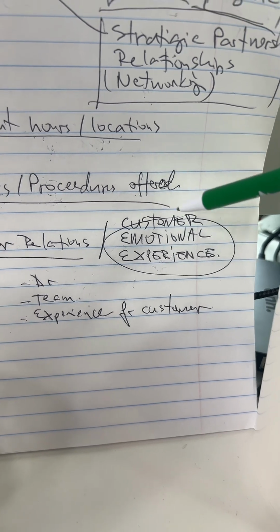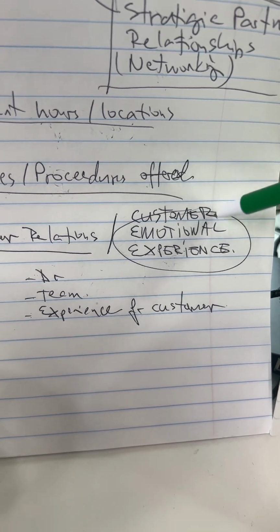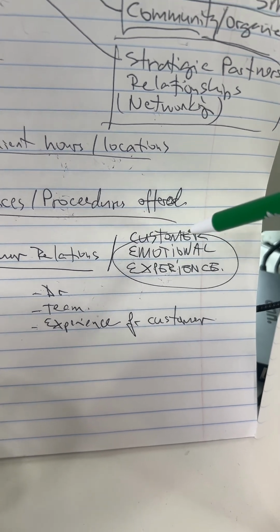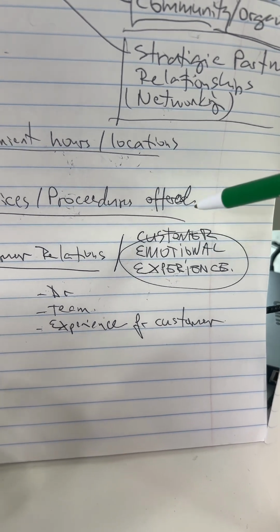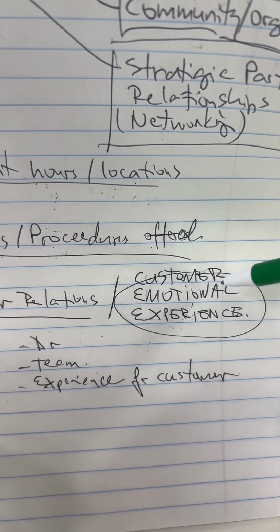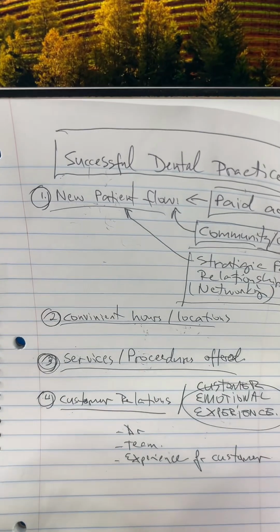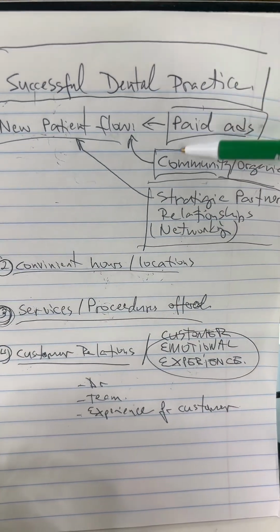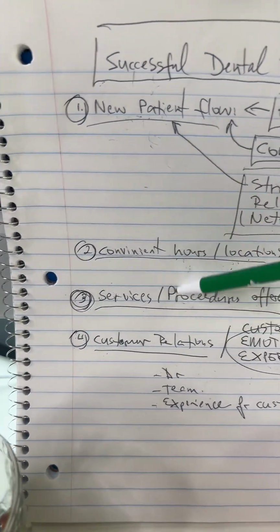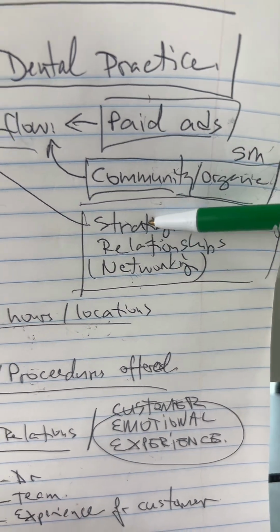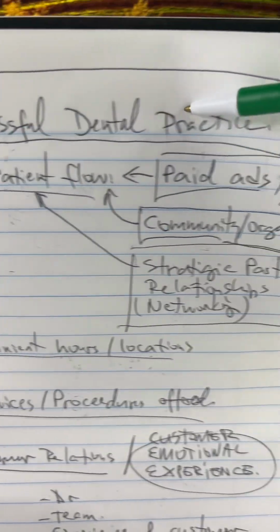And once your patients have a good experience in your practice, it's important to also ask for referrals, as well as ask for Google reviews, because patients like to see other patients having a good experience, and people do read those reviews. So if you want to build a very successful dental practice, I recommend working on these four main categories. And then for the new patient flow, I recommend you work on these three main categories, and that will really help you build a successful dental practice.